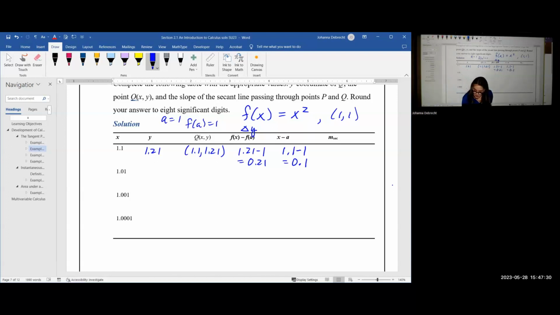In that case, we take the change in y and we divide by the change in x. And when I take 0.21 and divide by 0.1, I get 2.1.